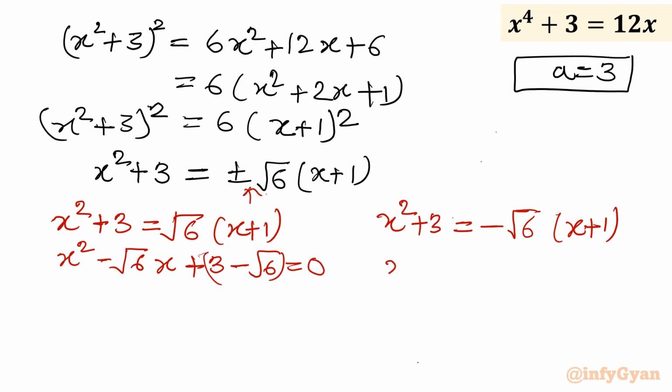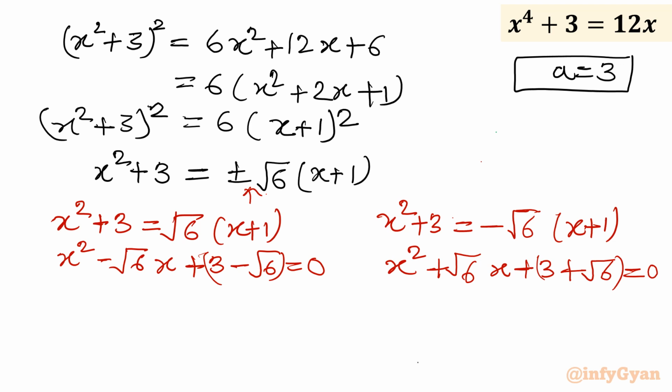Okay, now let's write this equation also. So I will write plus root 6 x, then 3 plus root 6 equal to 0. Okay, now for the quadratic equations I only have to apply the quadratic formula. So let me apply it.